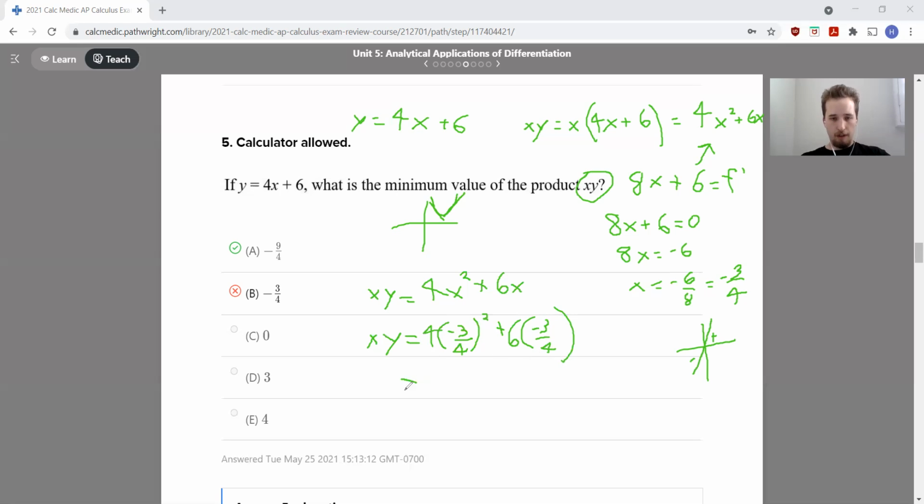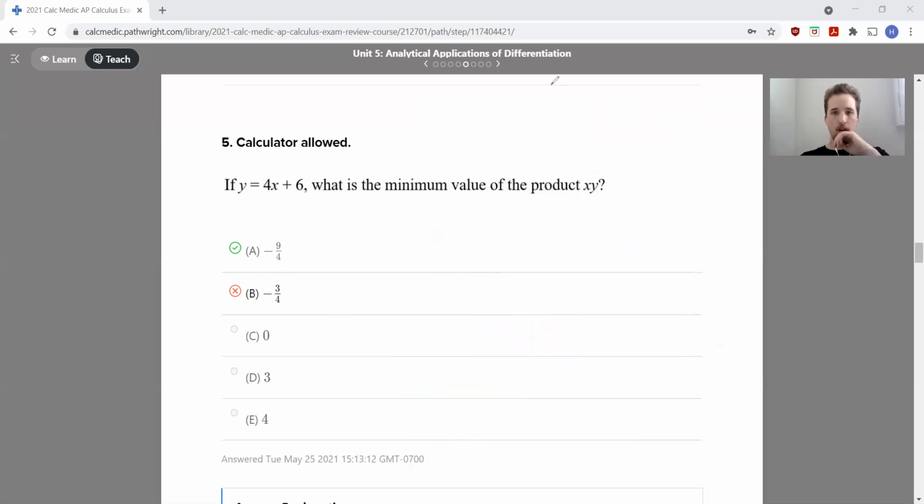And at this point, just solving for it, you get 4 times 9 over 16 minus 18 over 4. Here the 4 cancels out the 16 to get just a 4 underneath. You get 9 over 4 minus 18 over 4. And so you get negative 9 over 4. And so that's why we get A here. So, halfway done.